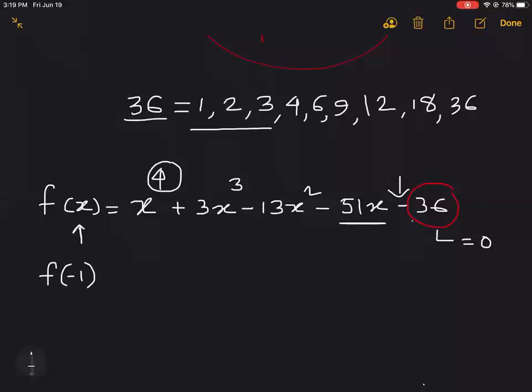And this 36 plus this -13 is 49, and plus this 3, if I take negative, this will be -3. So 49 plus 3 will be 52, and I'll have 51 here and 1 here.